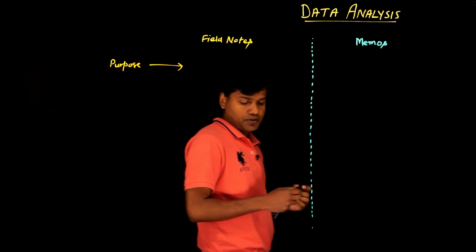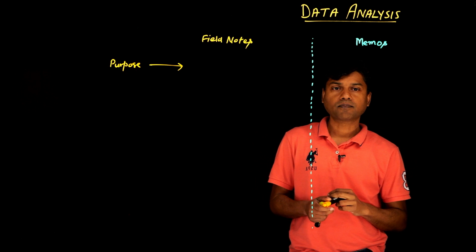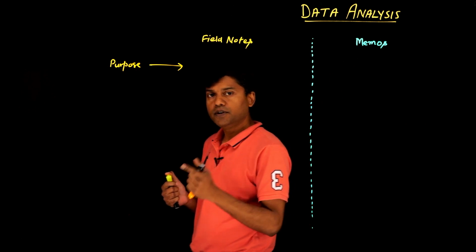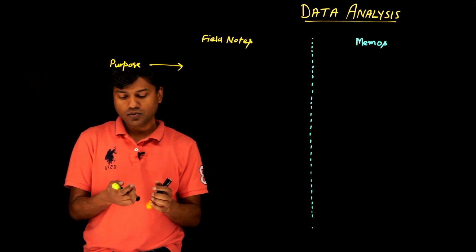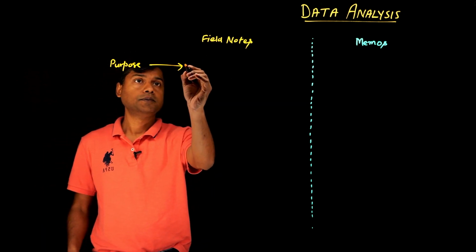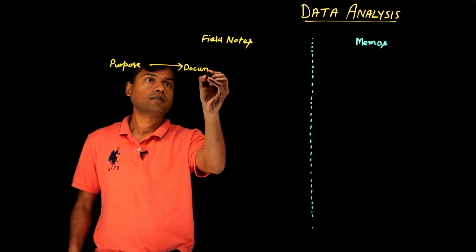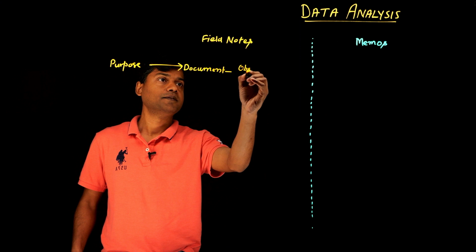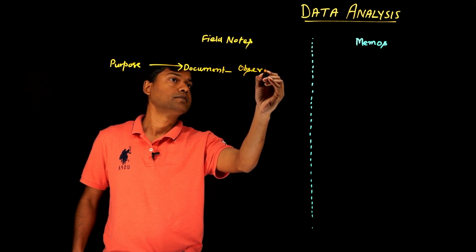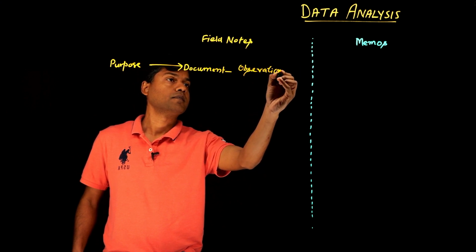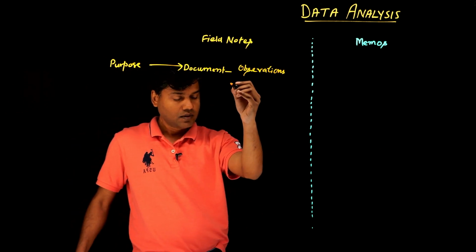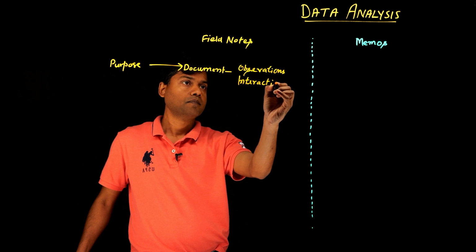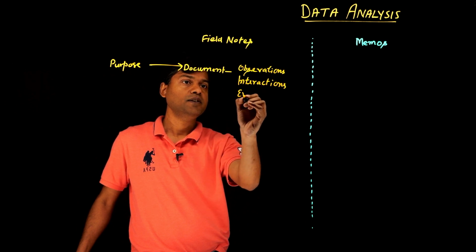So what is the purpose of a field note? Why is it used? The purpose of a field note is to document observations, interactions, and events.